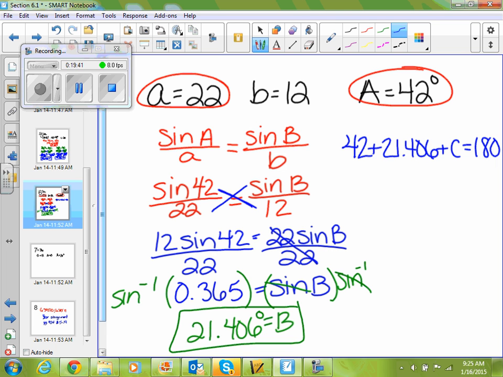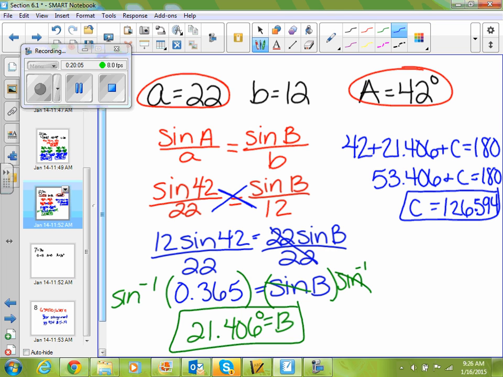So 42 plus 21.406 gives me 53.406 plus C equals 180. If I solve that for C, I get C equals 126.594. Okay, so C equals 126.594 degrees.